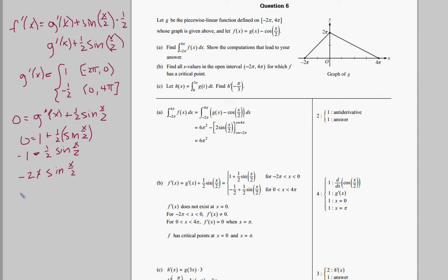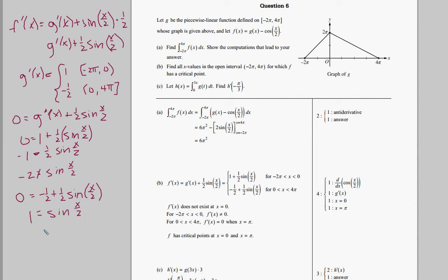So when I plug that in, I have 0 is equal to negative 1/2 plus 1/2 times the sine of x over 2. I'm going to add that 1/2 over, divide that 1/2 off, and I will end up getting 1 is equal to the sine of x over 2.